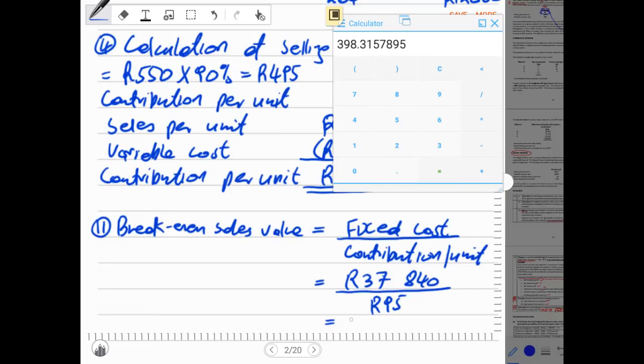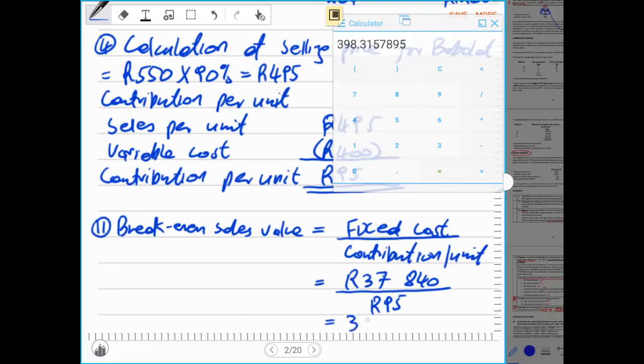It gives me 398.32, and this will be equivalent to 398 units, rounding down.